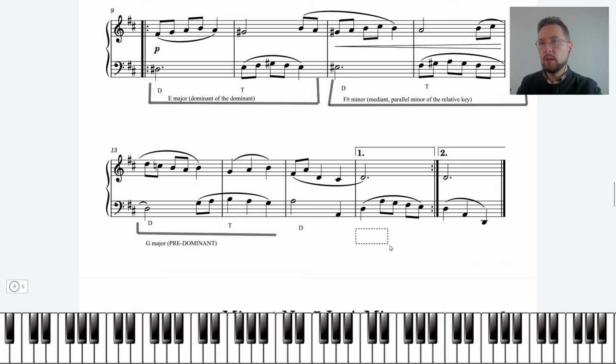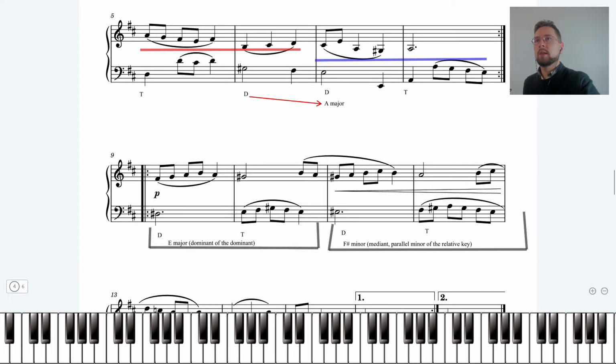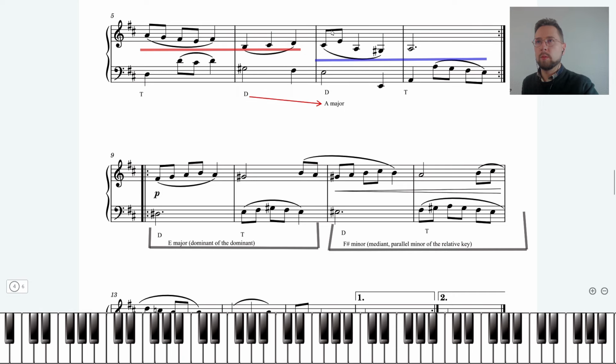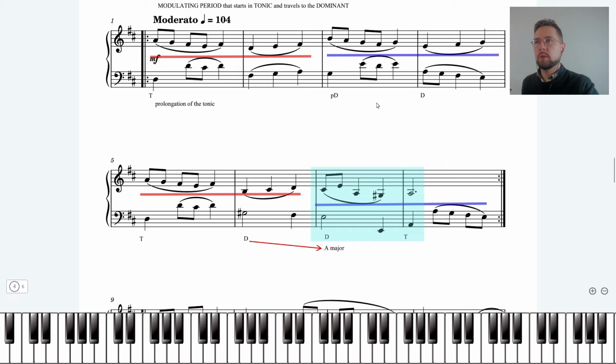So notice how cadences are usually reused. So the way that we see the ending of this part, put it with this blue. So that ending is exactly the same as this one. They're basically identical, and that helps to give a lot of coherence.